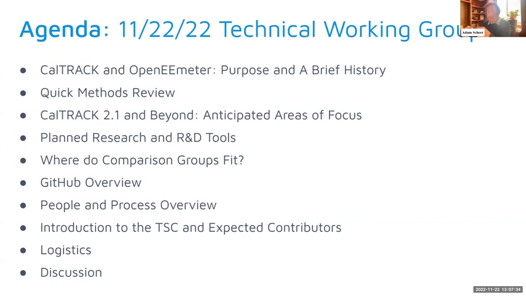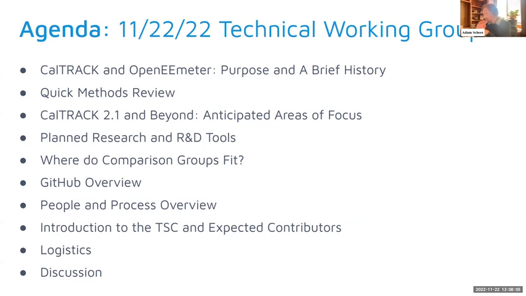What the anticipated areas of focus are on our end, and then hopefully hear some ideas from others. And then we're going to talk a bit about some of the issues that we feel are important to tackle. What are the planned research that we have in front of us, and tools? And again, happy to get some feedback on that from folks and ideas. And then I'm going to just very briefly touch on where comparison groups fit in this whole conversation.